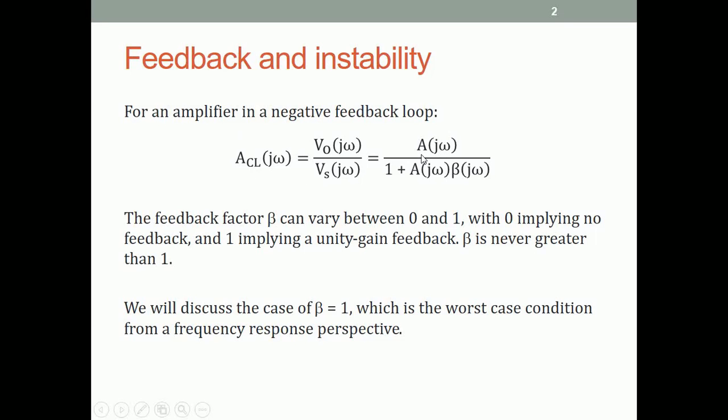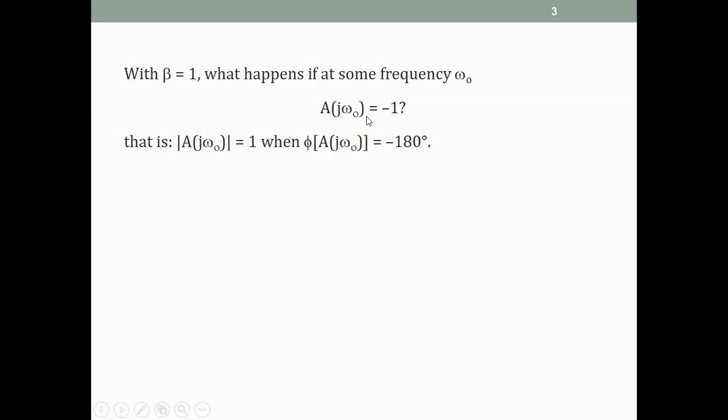This is the A j omega, the open loop transfer function or the gain, is derived as a Fourier transform of the original time dependent differential equation, and Fourier transforms correspond to sinusoidal signals. So these omega in all these equations in all of electric circuits refer to sinusoidal signals. Therefore, when we say that A j omega 0 is minus 1, what we are saying is at a sinusoidal frequency of omega 0, A has become minus 1.